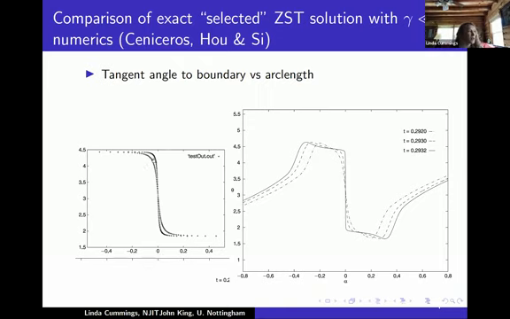We took our solution and plotted it on the same scales as the numerics. Here is the point that represents the point source or sink. This behavior out here is because they started with an initially circular domain and they're showing us the tangent angle for the whole free boundary.